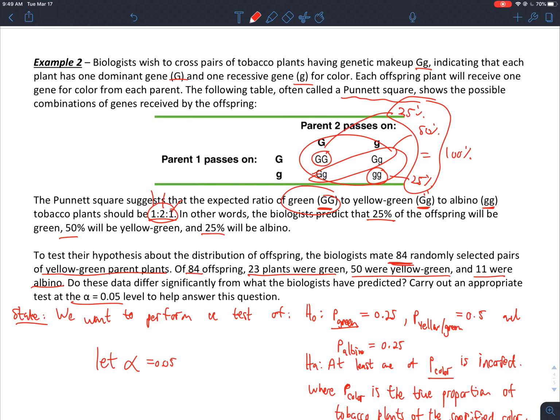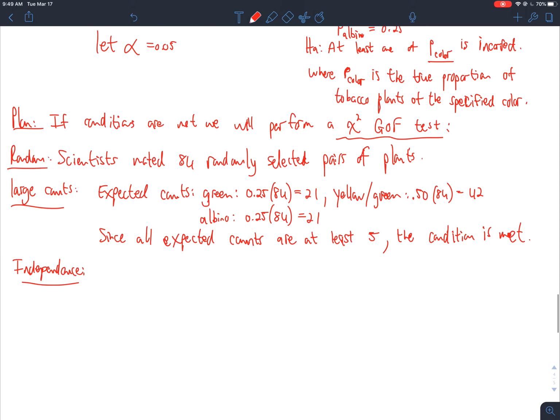Randomly selected pairs. Oh, I guess random selection. Yeah, let's do 10%. We can say, let's say we have to assume, not it's safe.